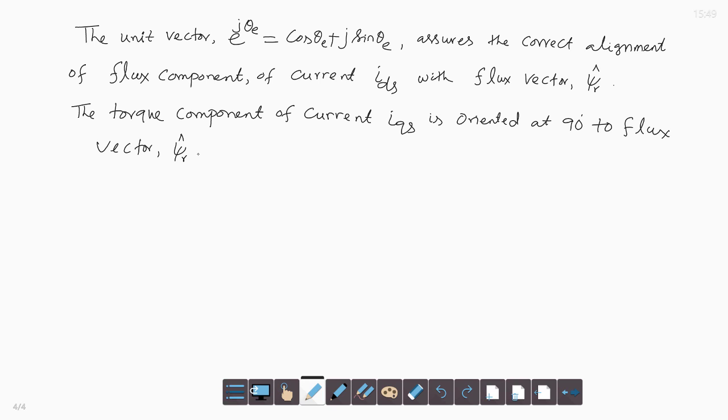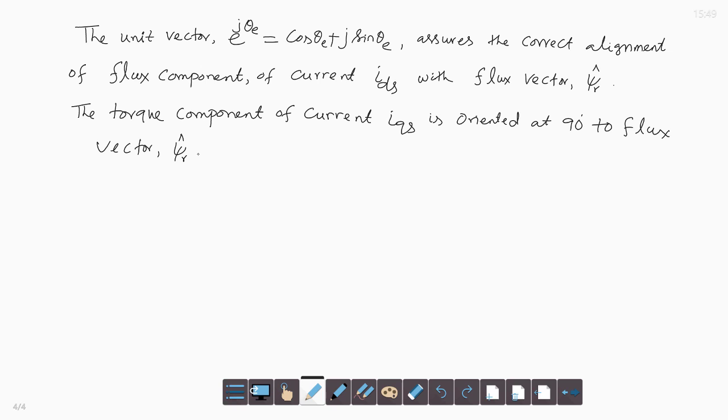The unit vector is most crucial for vector control because it ensures that the flux component of the current IDS is aligned along the flux vector, in the same direction, and the torque component of the current IQS is perpendicular to the flux vector psi r.